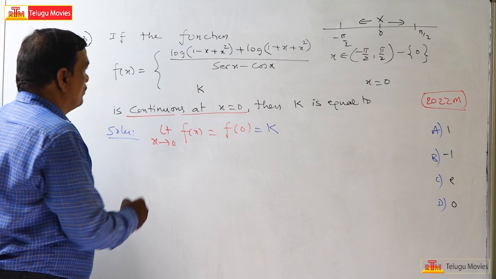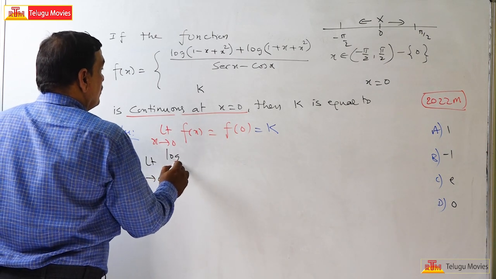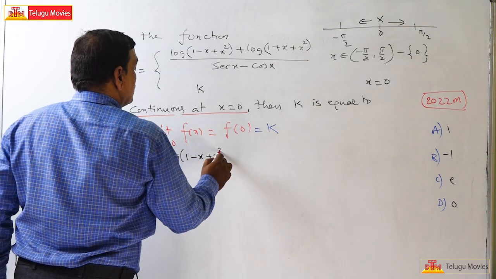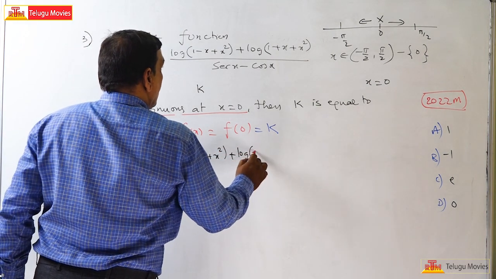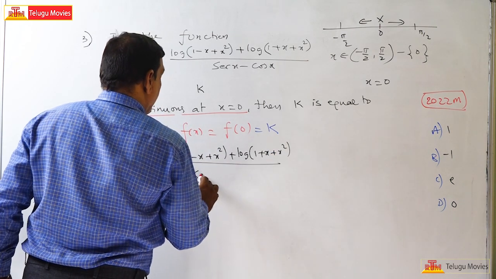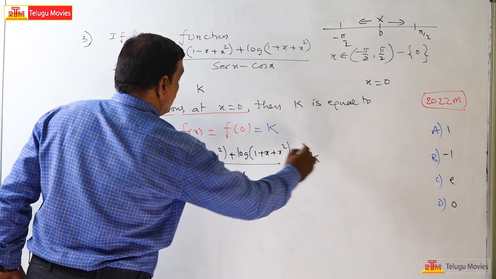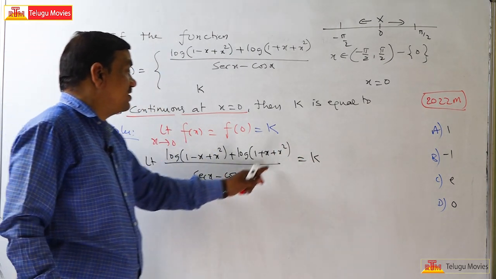So directly find the limit x tends to 0 of log of 1 minus x plus x square plus log of 1 plus x square, whole divided by secant x minus cos x. This value is equal to k.